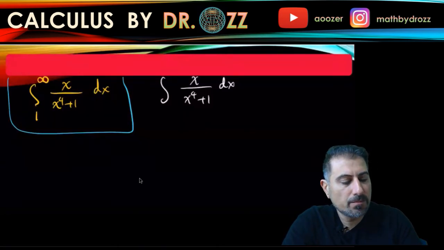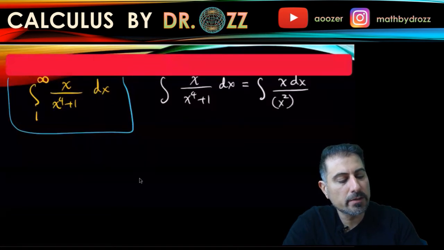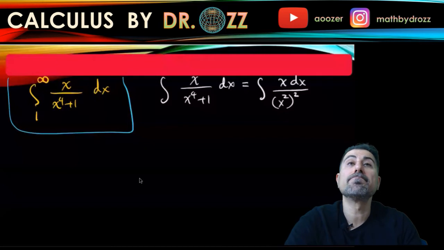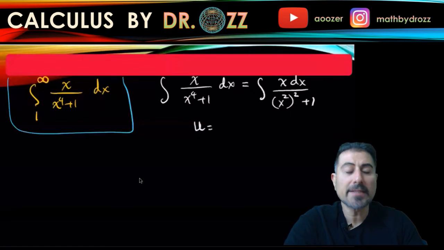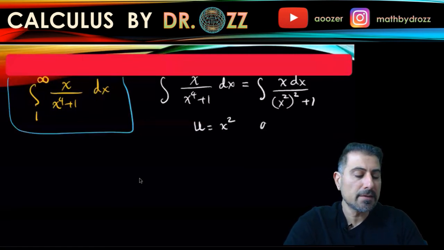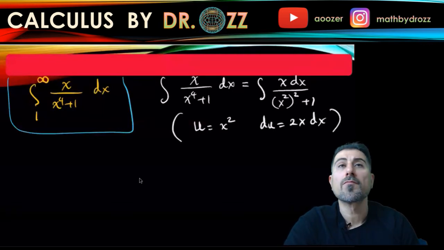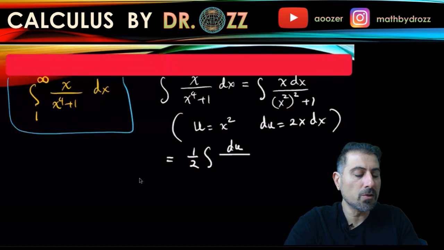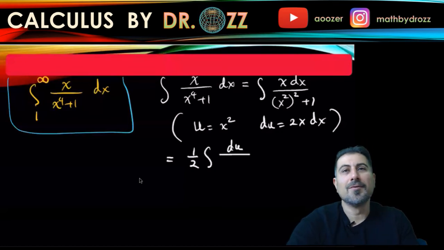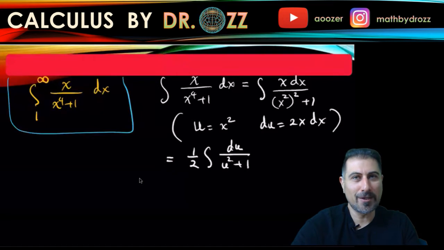All right, first of all, why don't we write the bottom as x squared squared plus 1. Okay. So this allows me to call u to be x squared, so that du is going to be 2x dx, okay? All right, x dx is over there, so this integral is converted into 1/2 du over u squared plus 1, which is a known integral, right?